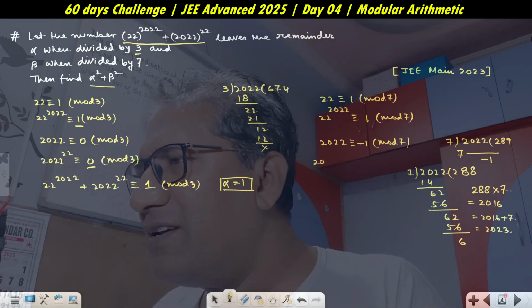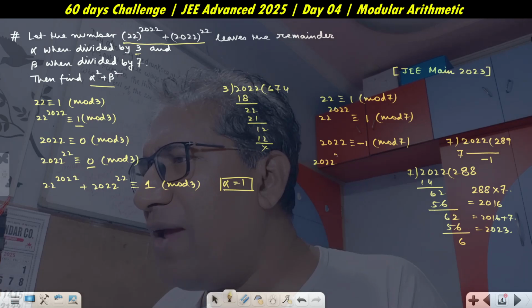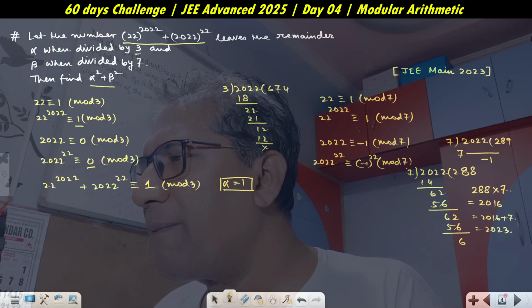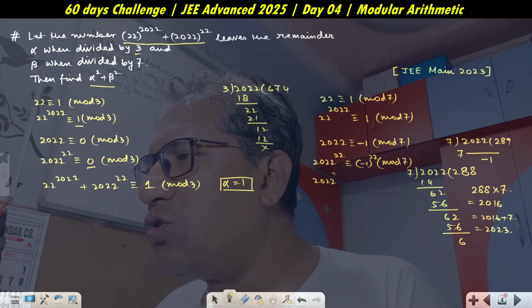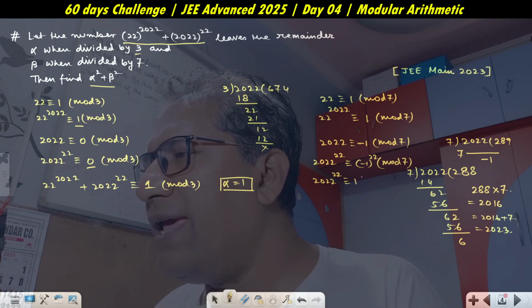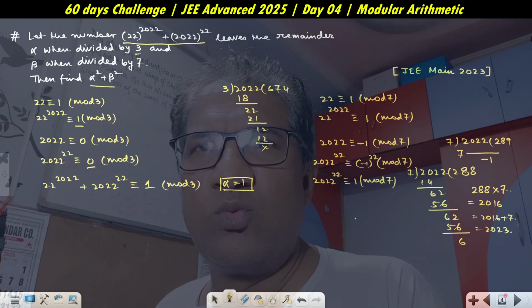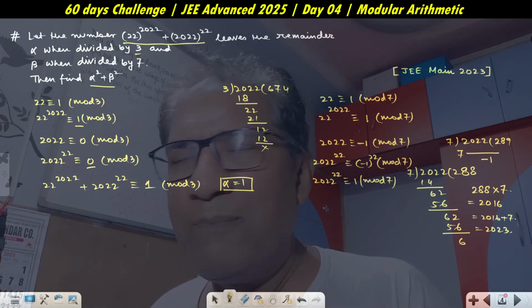Now we need that its power to be raised to 22. So again, minus 1 to the power 22 modulo 7. So 2022 whole to the power 22, when divided by 7, the remainder is 1. See how quickly we got it.